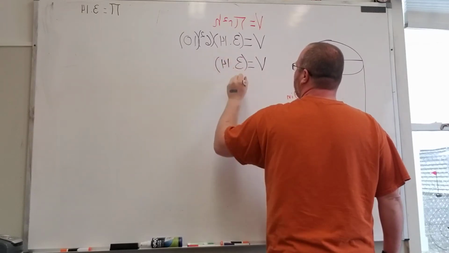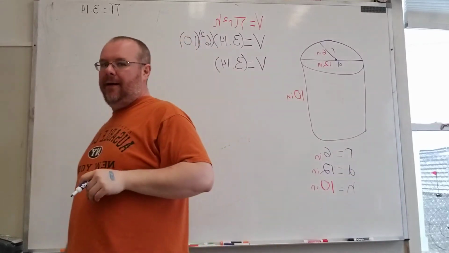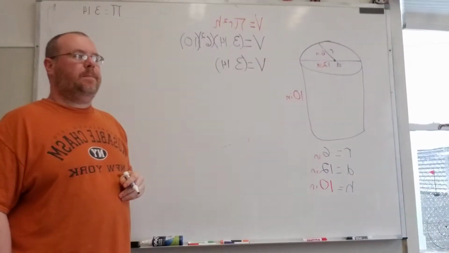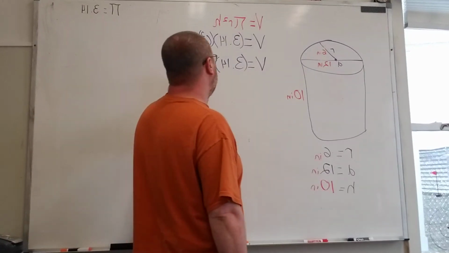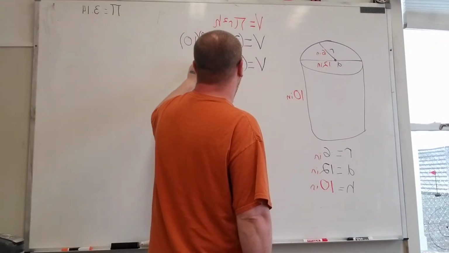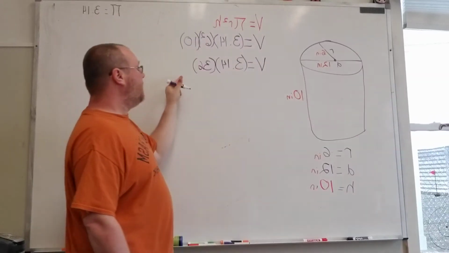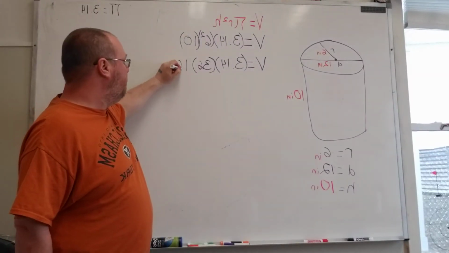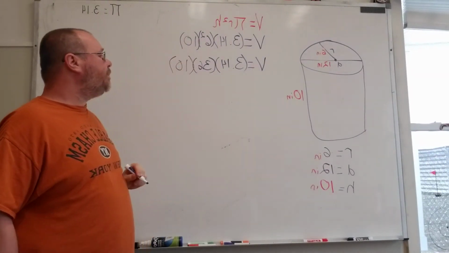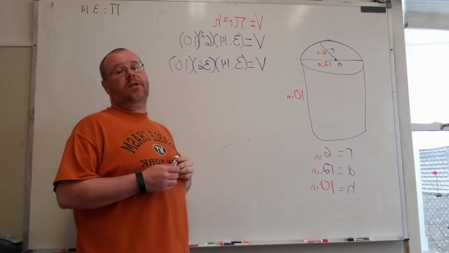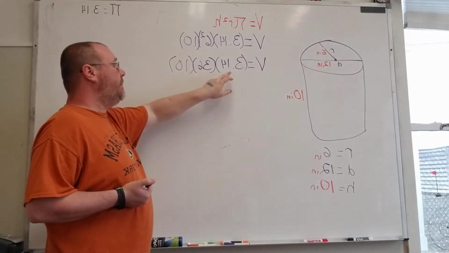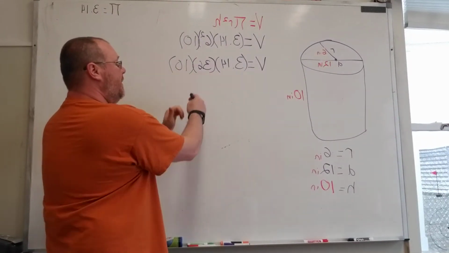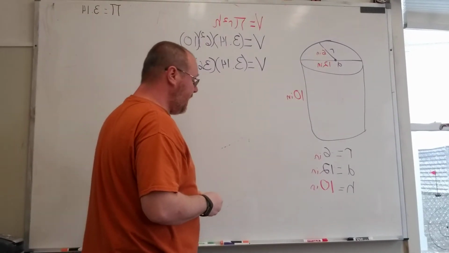Who remembers how to solve 6 squared? 6 times 6 is 36. The 10 stays the same. So now in order to determine the volume, I have volume equals 3.14 times 36 times 10.